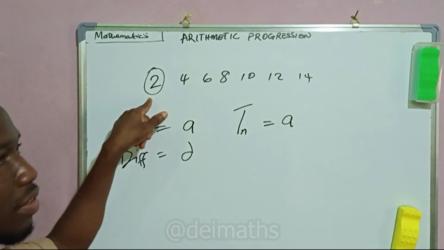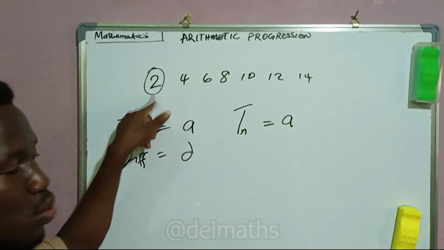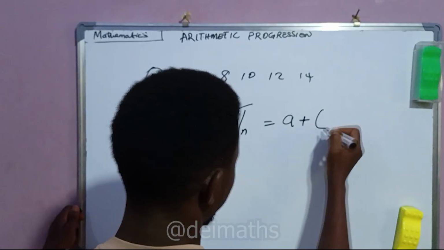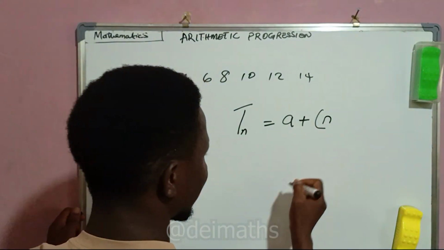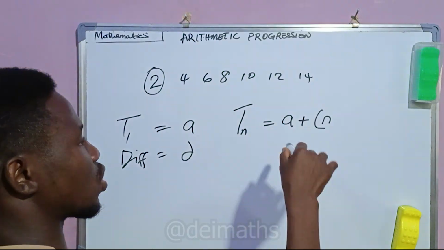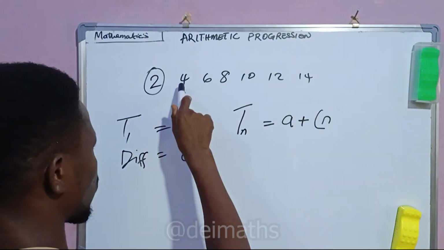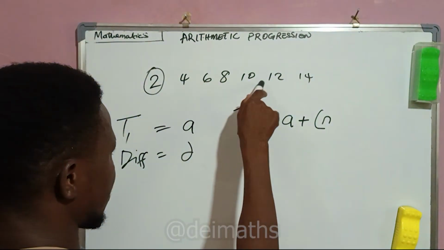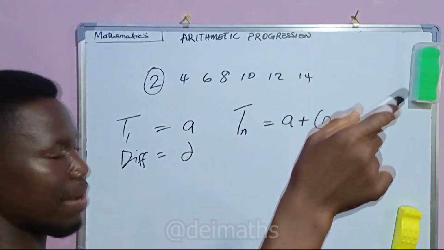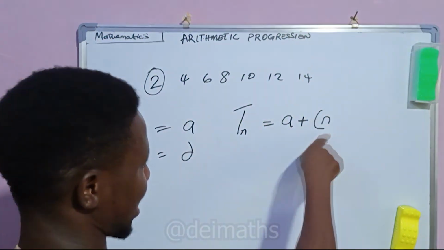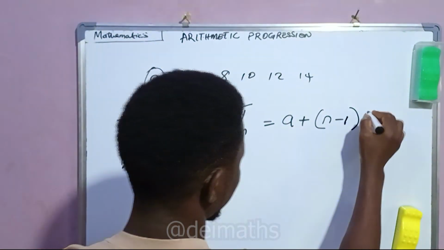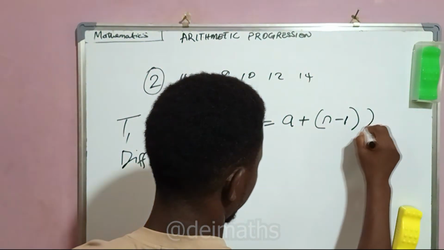A is your first term of the sequence, plus brackets n minus 1, close brackets, D. Your n is the number that you were given to find. This is 1, 2, 3, 4, 5, 6, 7. They may ask you to find the 20th term. That is where your n comes in.